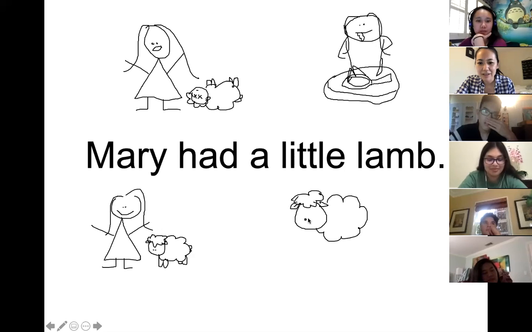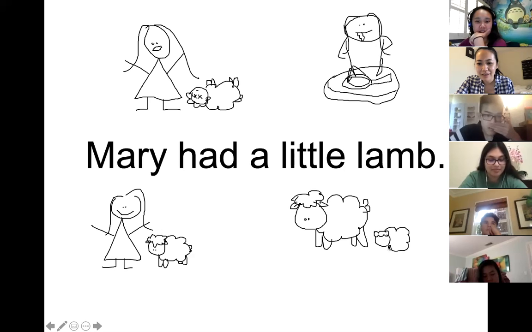All right. There she is. Alive and well. And then she had a baby lamb. All right. And there's the baby lamb. Okay. There you go. Hey, that wasn't too bad.